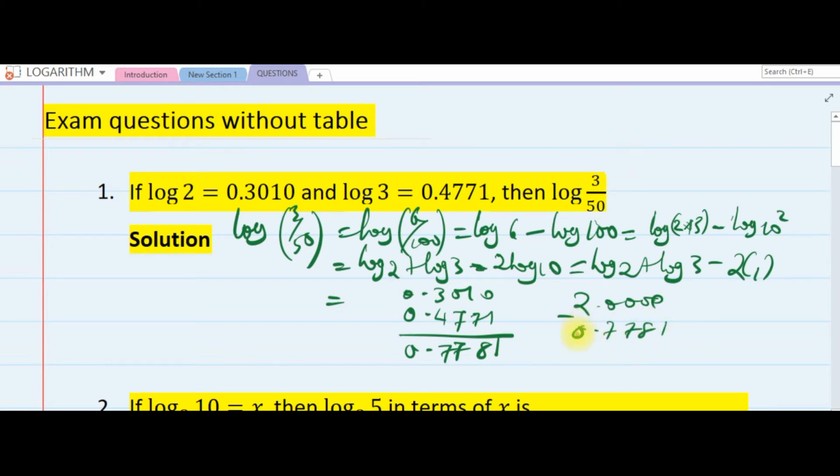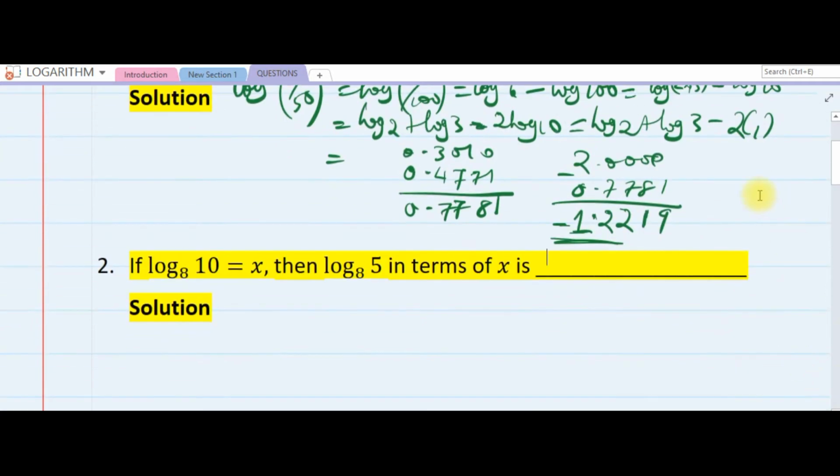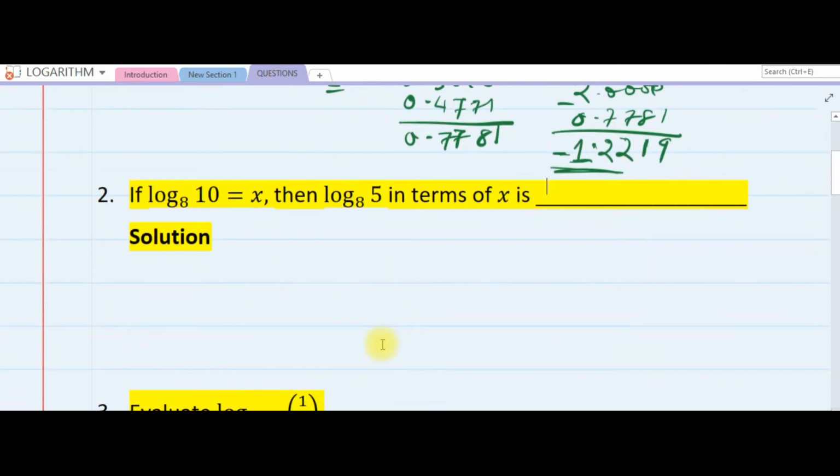Let's subtract: 10 minus 1, 9. 9 minus 8, 1. 9 minus 7, 2. 9 minus 7, 2. Remaining 1. So the answer should be minus 1.2219. That's the answer. So the next question.